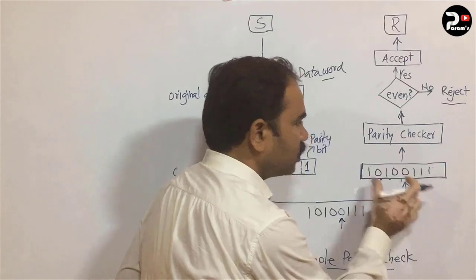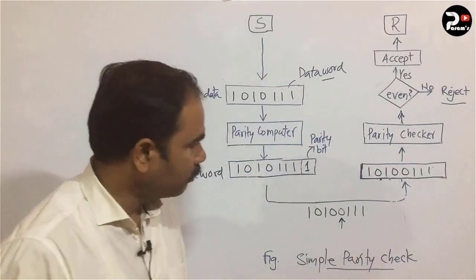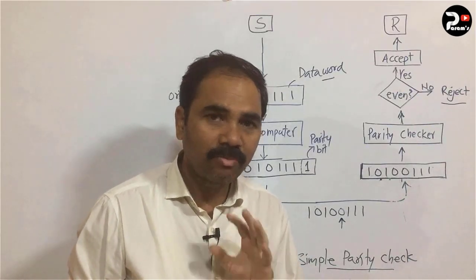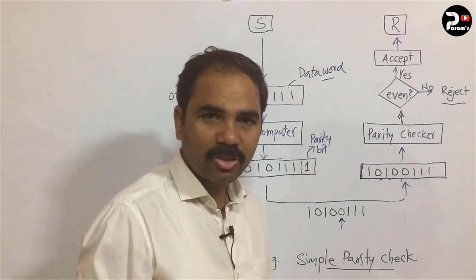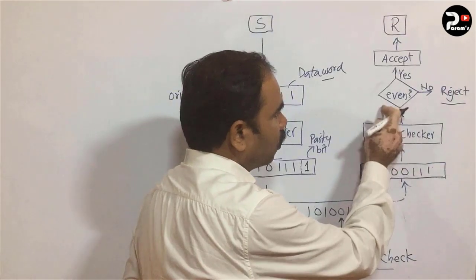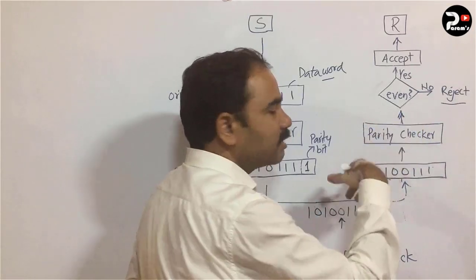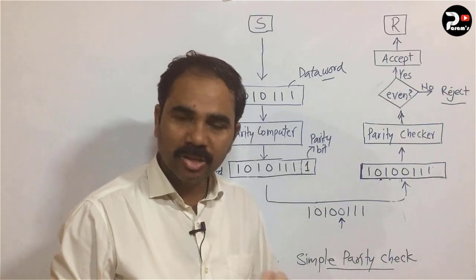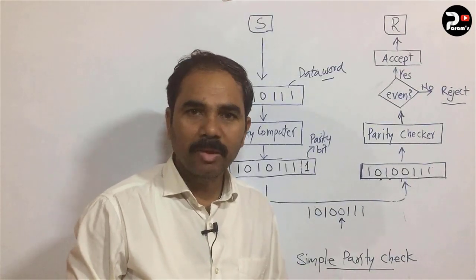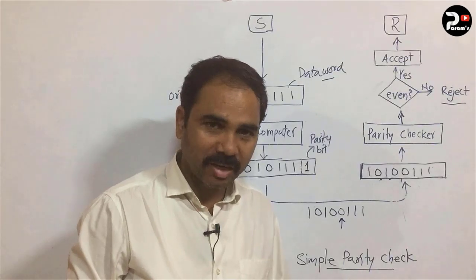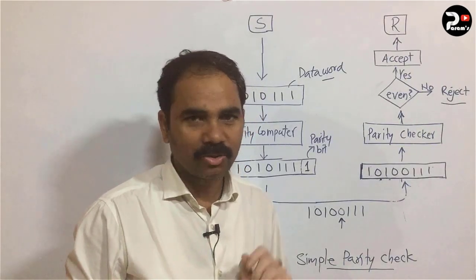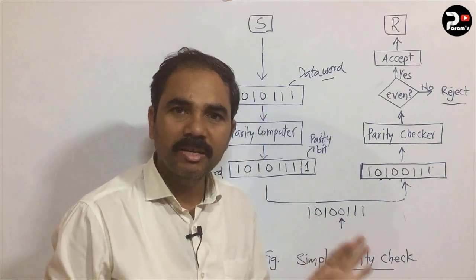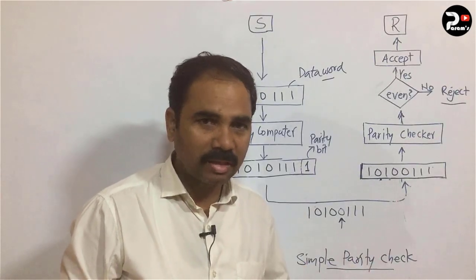When the receiver receives this data, it is given to a parity checker, and the parity checker will check the parity of this data unit. As there are 5 ones, the parity is odd, and when parity is odd, this data will be correctly rejected by the receiver, because we know the receiver only accepts even parity data. Odd parity data will be assumed to be corrupted and it will be rejected by the receiver.